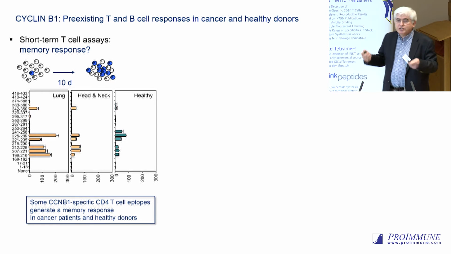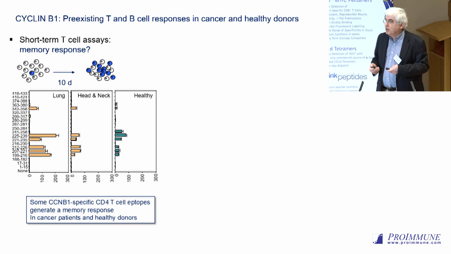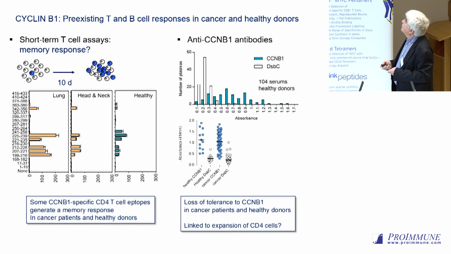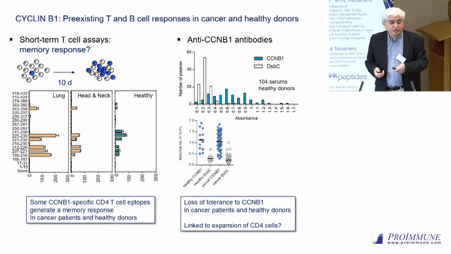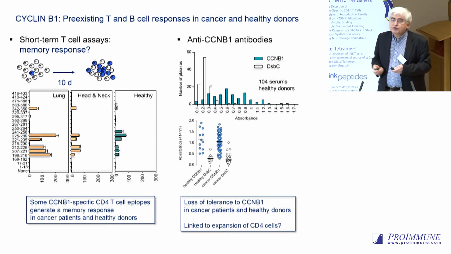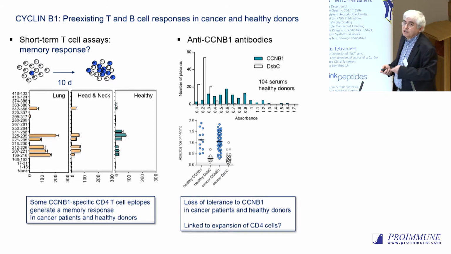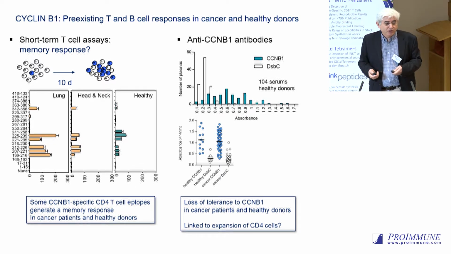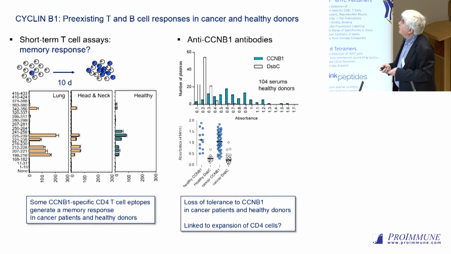So if there are many T cells, maybe there are many antibodies, and we screened for antibodies against cyclin B1 in the healthy donors. And indeed, we find many antibodies against cyclin B1 in all the donors.